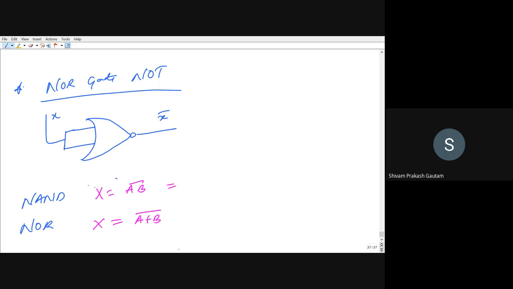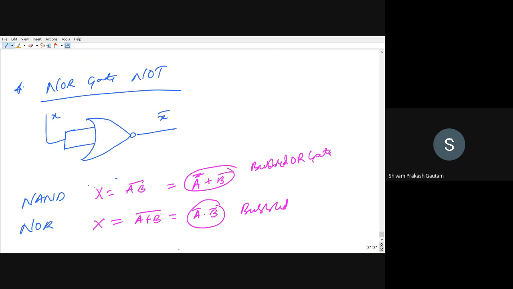After the NAND gate, we have seen the bubbled OR gate, where AB whole bar can also be represented by A bar plus B bar. And this NOR gate, that is A plus B whole bar, can also be represented by A bar dot B bar. So this is the bubbled OR gate, and this is the bubbled AND gate.